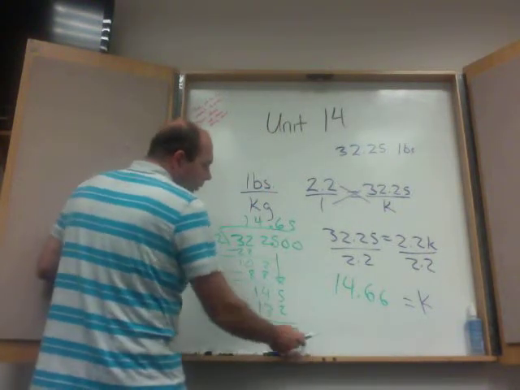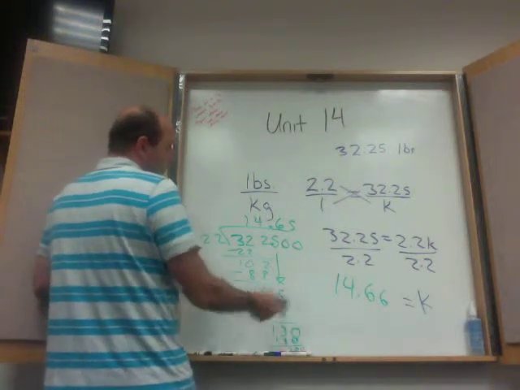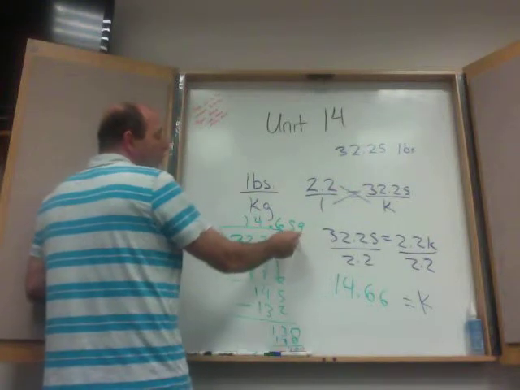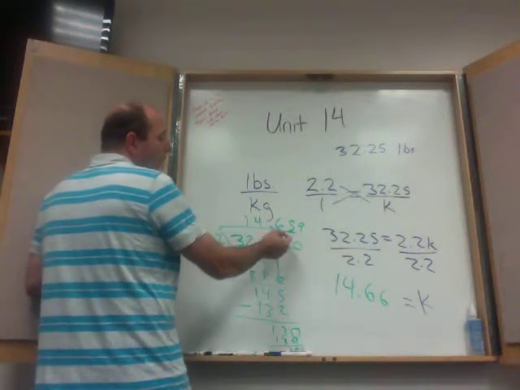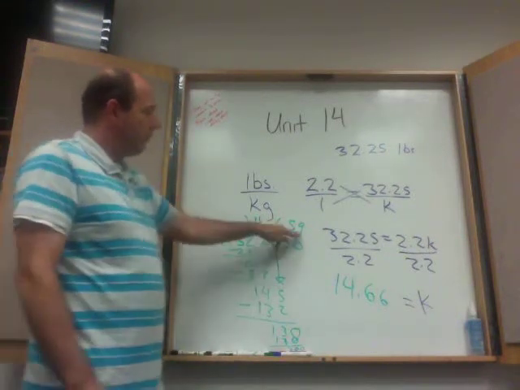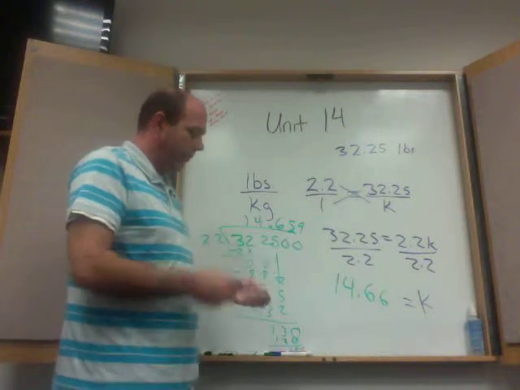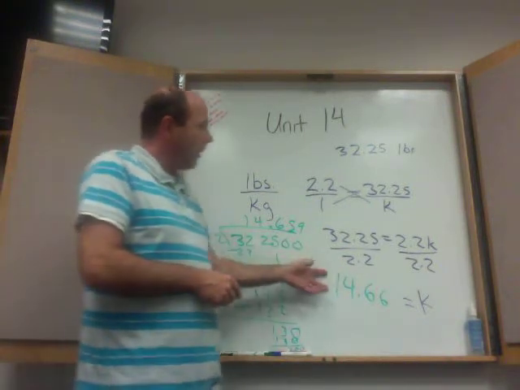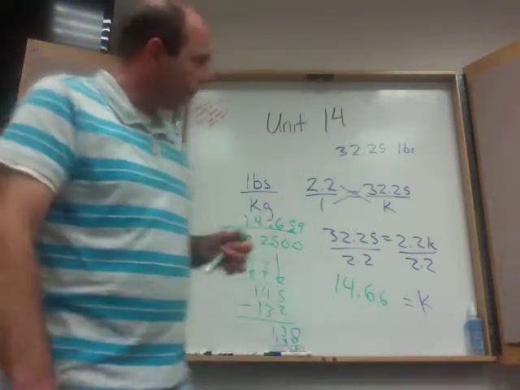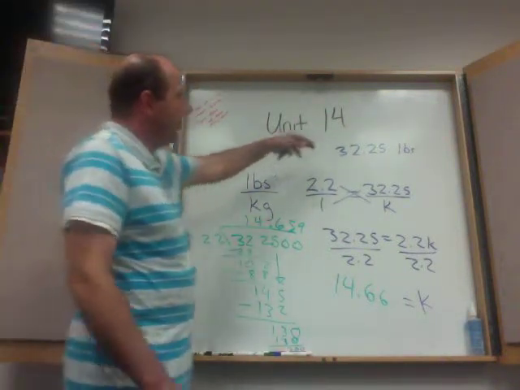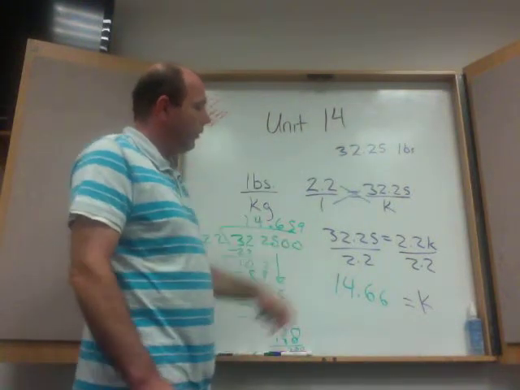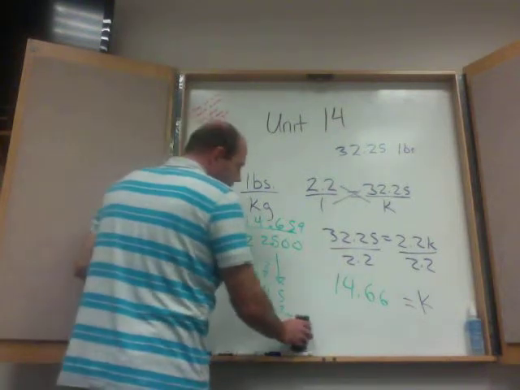Here, I was down to 200 at the bottom, so 22 would go into there 9 times actually. And since I need to go to the hundredth place, I'm going to round this up. This is going to become 14 66/100ths. This 9 tells me I'm rounding up instead of down to 65/100ths. So that's where I ended up, 14 66/100ths of a kilogram. And that was my 32 pounds 4 ounces, which is 32 1/4 pounds, is 14 66/100ths of a kilogram.